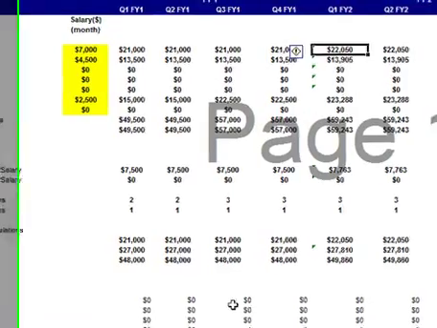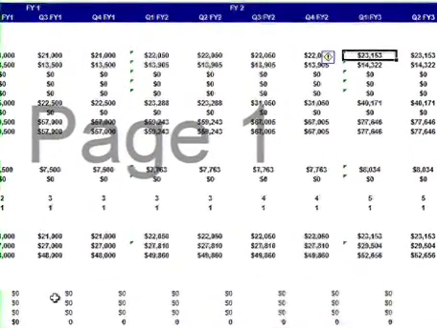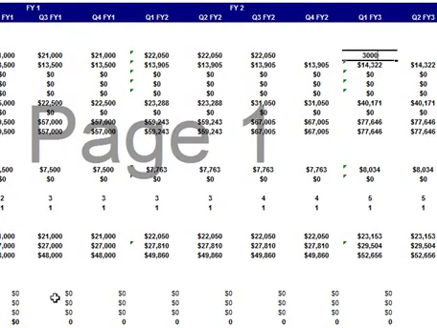Let's say for yourself you want to have a massive increase. Starting year 3, I need to be making $10,000 a month. So you just overwrite it to $30,000 per quarter, and it automatically updates. That's why if you want to further customize, you can do so here.